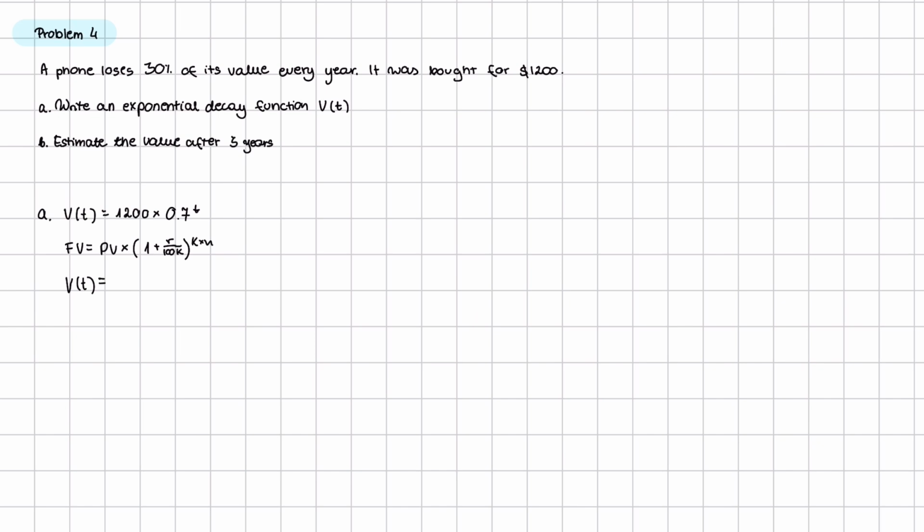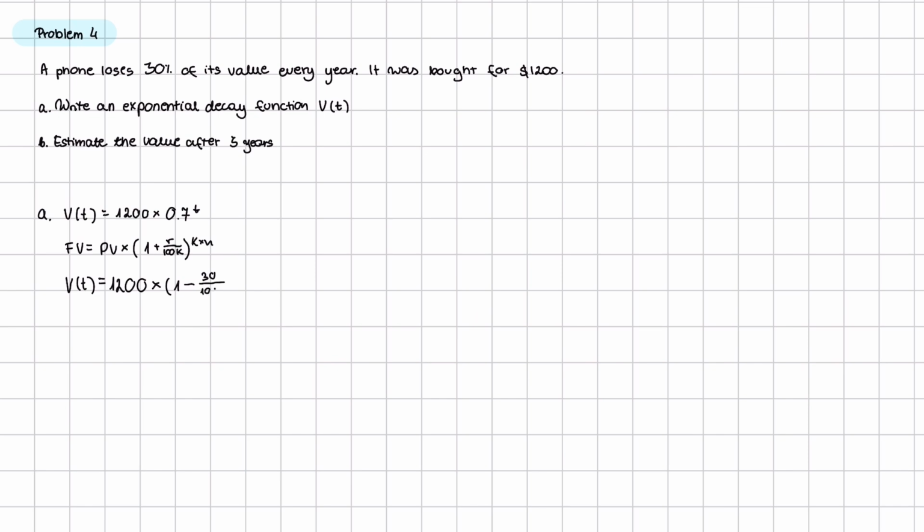Our present value is 1,200 times 1 stays the same, and here we have to remember that if we have decay or depreciation or devaluation, we have to change our positive sign, so plus, into a negative sign, so minus, and r is just 30.